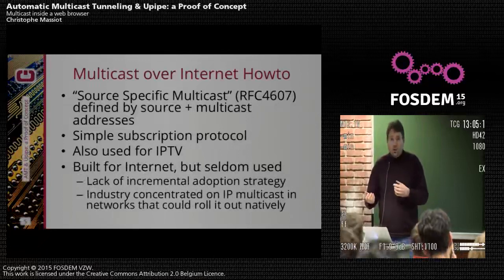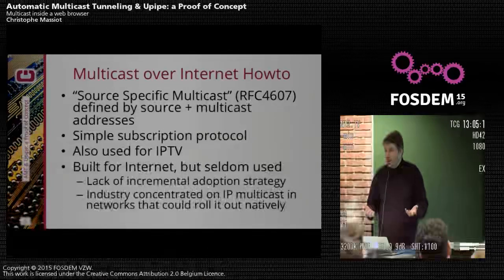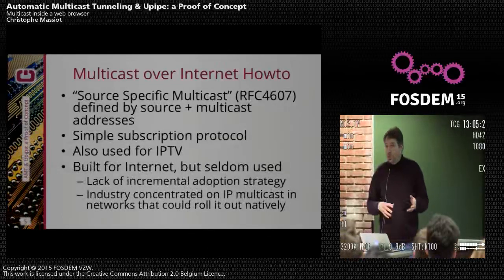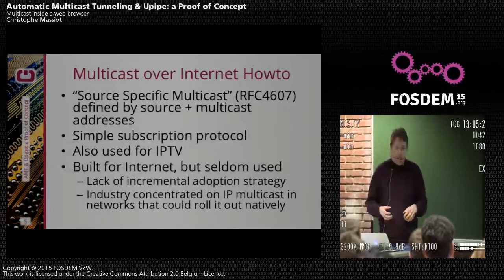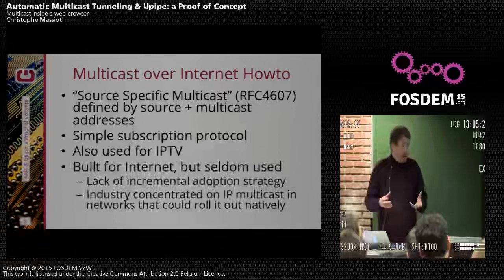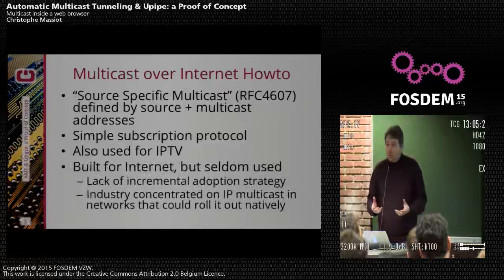So it's 1 or 0, and since today it's mostly 0, no one has an incentive to do multicast. Also, people in the industry like Cisco, Juniper, Alcatel and so on concentrate on delivering IP multicast in networks that could already support it. So they're not interested in the big internet so far.